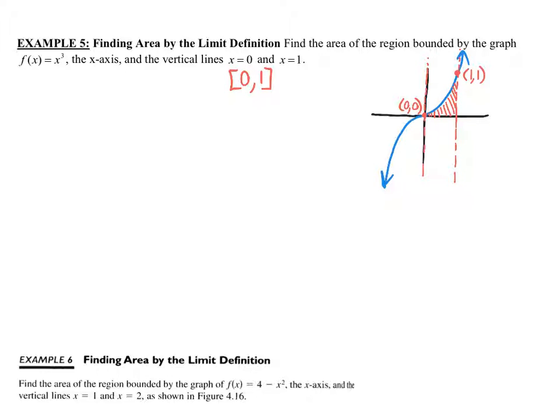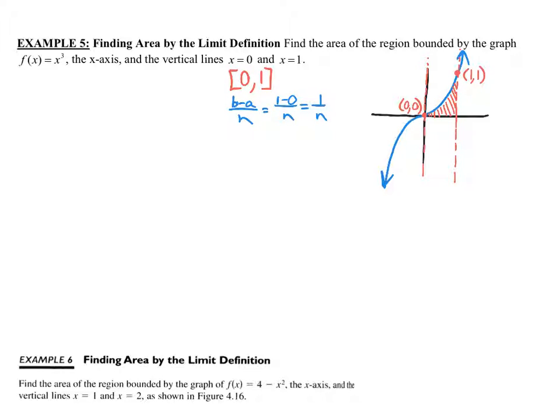So let's actually start using our formula now and work this out. The b minus a over n is 1 minus 0 over n, so just 1 over n.